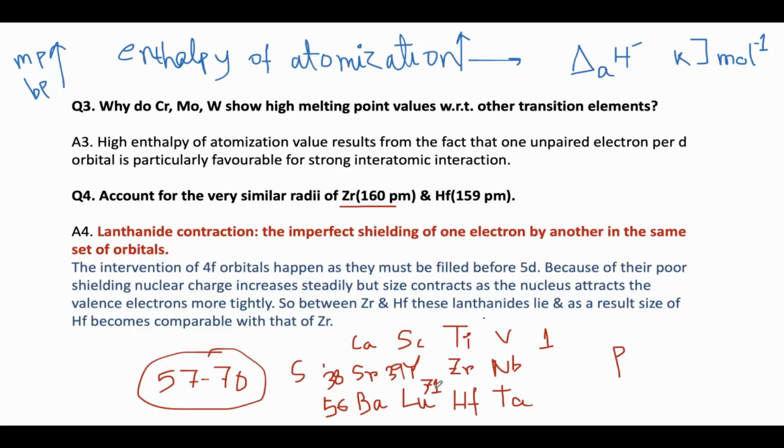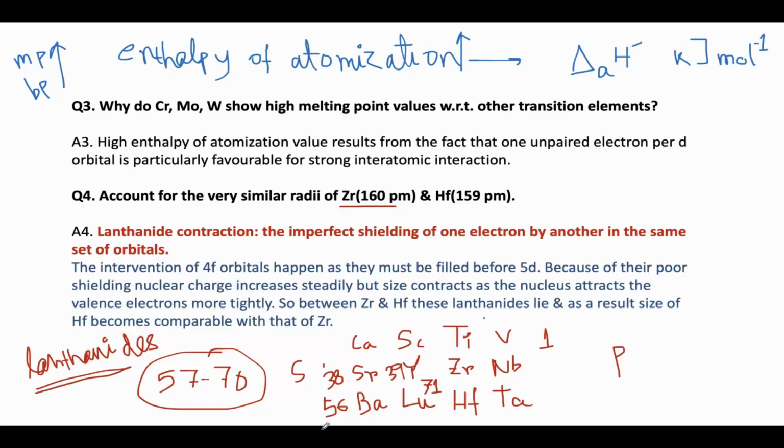How will we explain this? Did they make a mistake in constructing the periodic table? No, that is not the case. That is the case of the lanthanides. Between barium and lutetium, there are lanthanides. Lutetium is also a lanthanide.